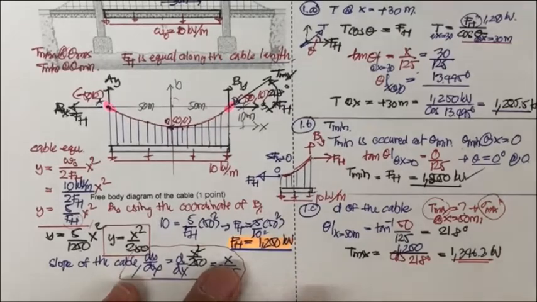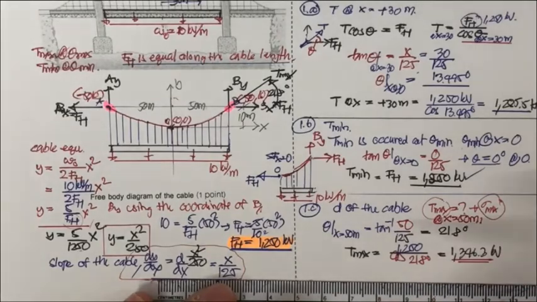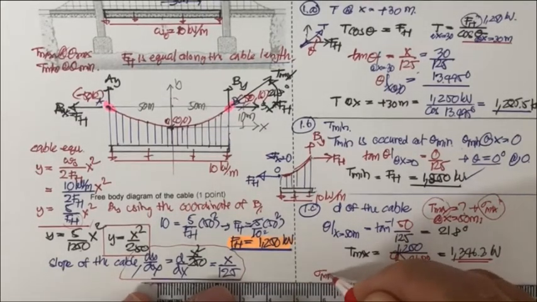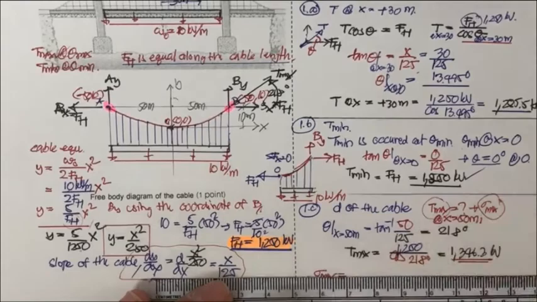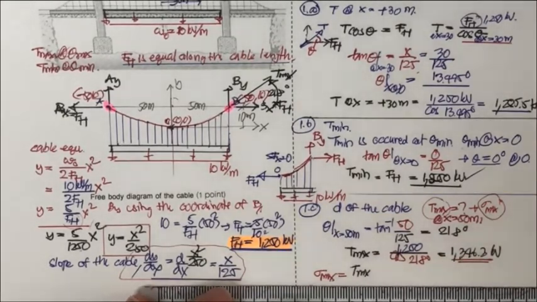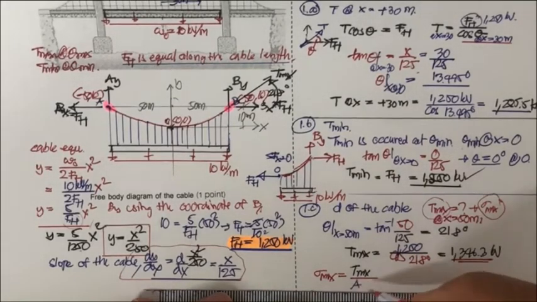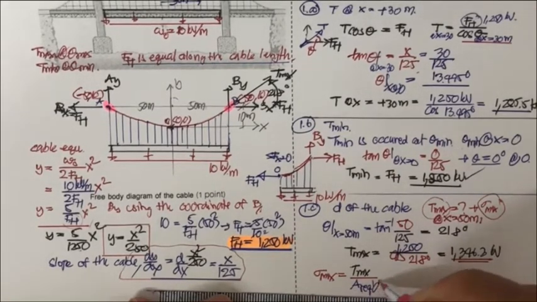So next we are going to find the diameter. From the mechanics of material, we have sigma max. Sigma max is going to be T max divided by the A required.